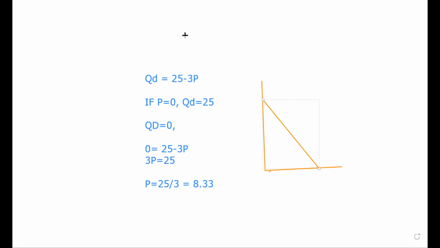Price is always on the y-axis, so here is price, and here is quantity. If quantity is 0, at what price will people buy 0 units?